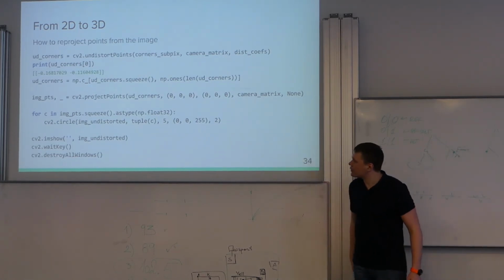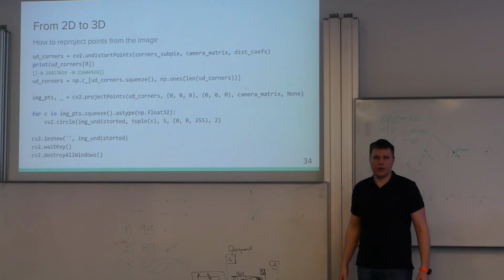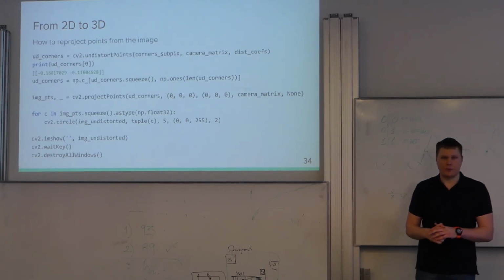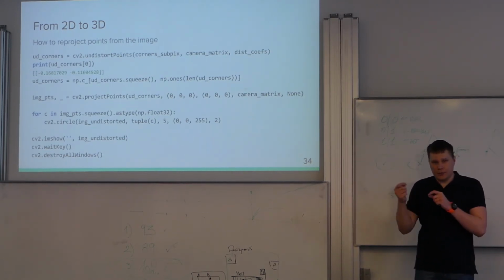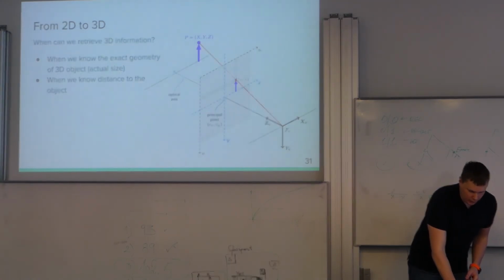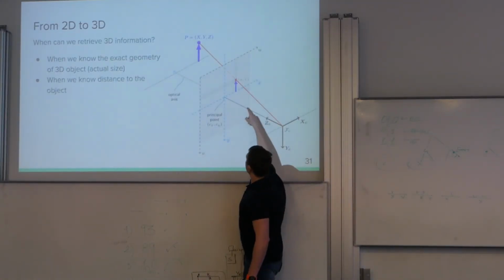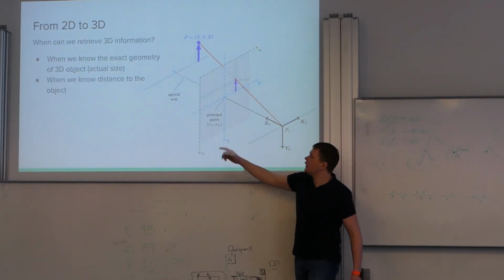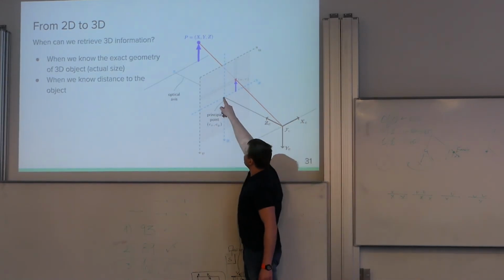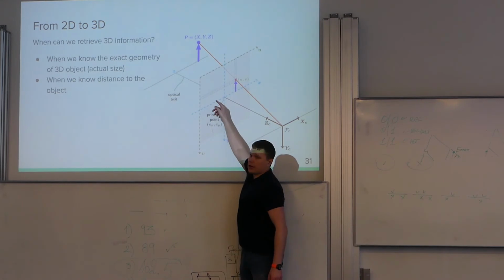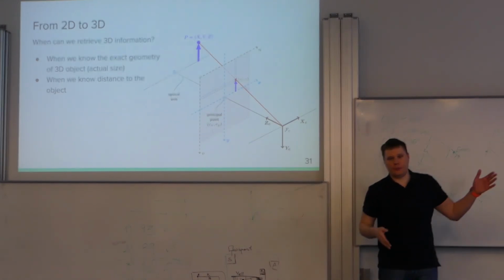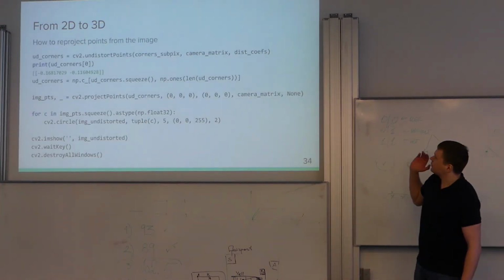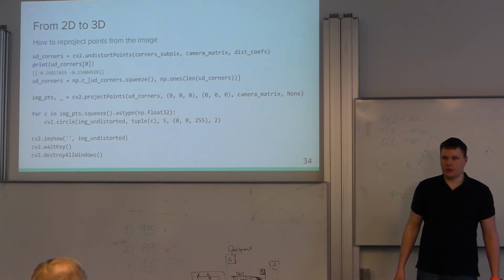As you can see, I printed the first coordinates of the first corner, and it's strange floating point numbers with minus signs. This means exactly that we moved from the pixels, where we have zero in the top left corner, to this coordinate system where we have zero here, and points from the left have a minus sign. So that's why we have these strange coordinates.